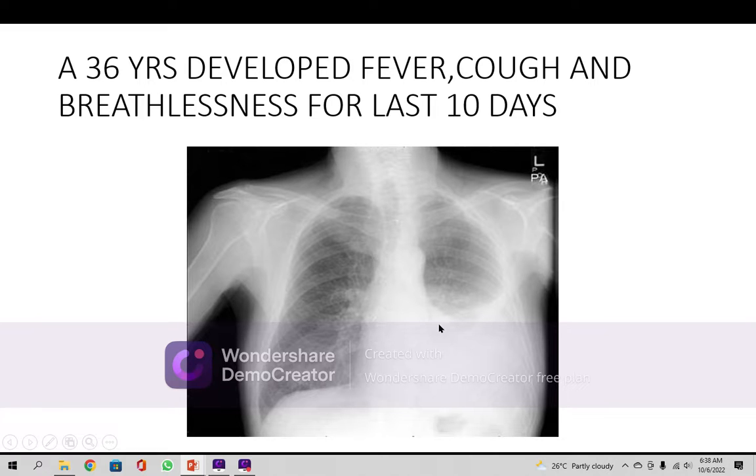There is a possibility of this. Another systemic condition which causes pleural effusion is hypothyroidism. But this big effusion, usually it is bilateral in most cases. It is a blood-sided one.